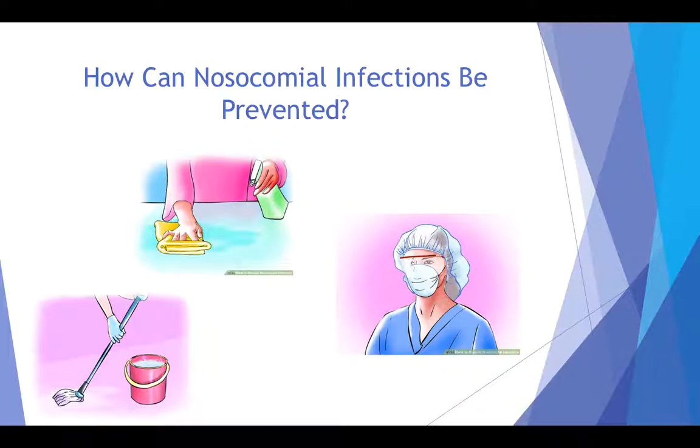If a doctor treats a patient that has an infection, then goes and treats another patient that isn't infected but doesn't wash his hands properly, they're exposing the patient to acquire this kind of infection. So proper hand washing is key to stopping the spread of these kinds of infections, and not only for doctors, but also anyone in contact with the patient. This can be visitors or other personnel from the hospital.